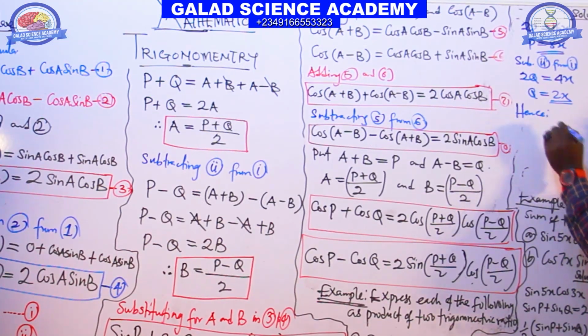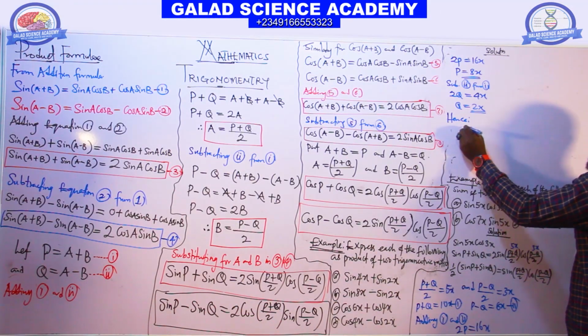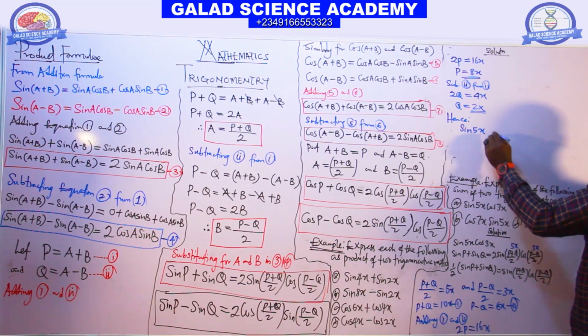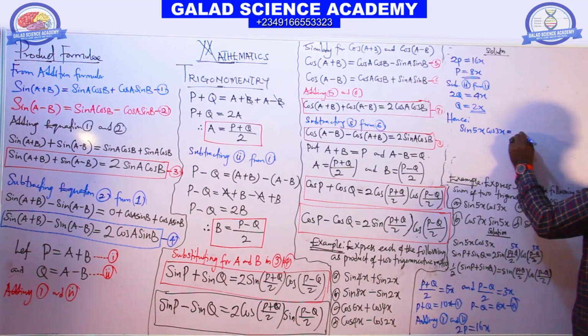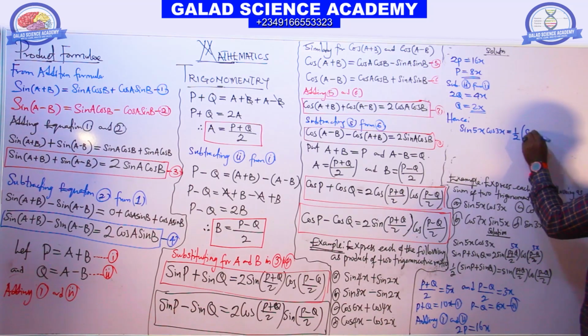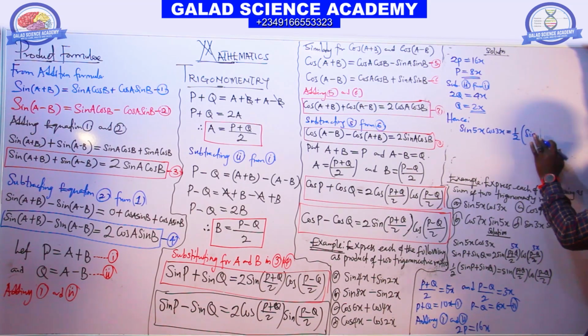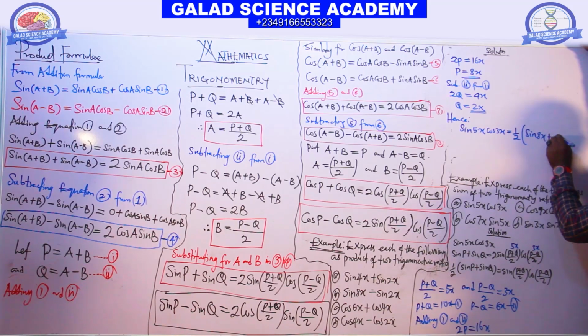Hence, for this expression, sine 5x cos 3x will be equal to 1 over 2 of sine of P, and P is 8x, plus sine of Q, Q is 2x.